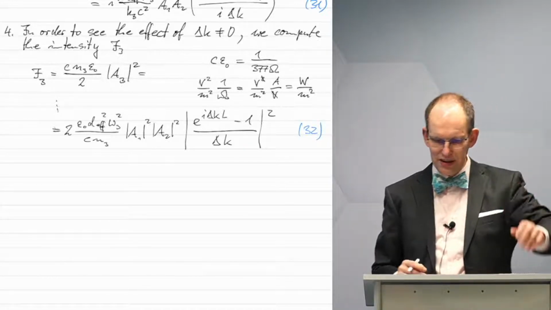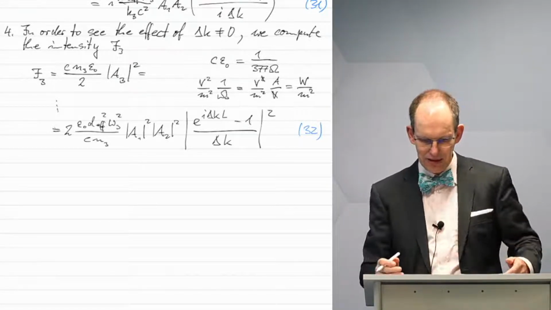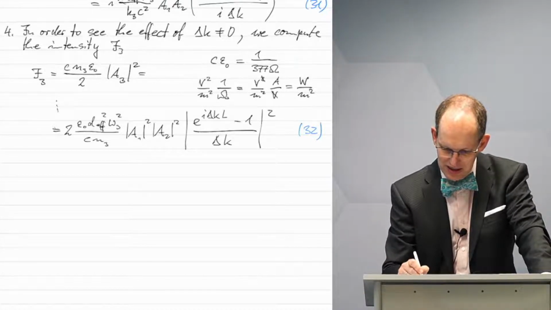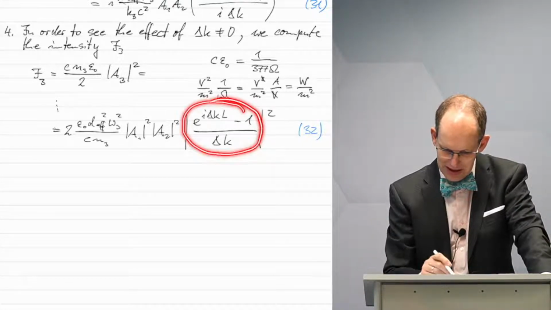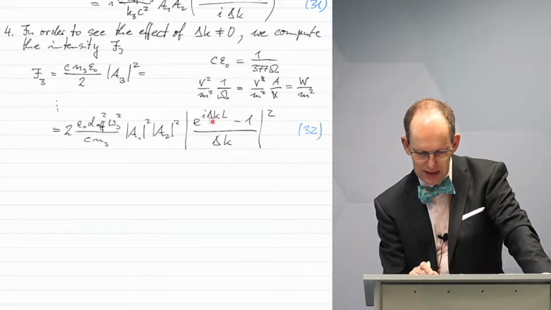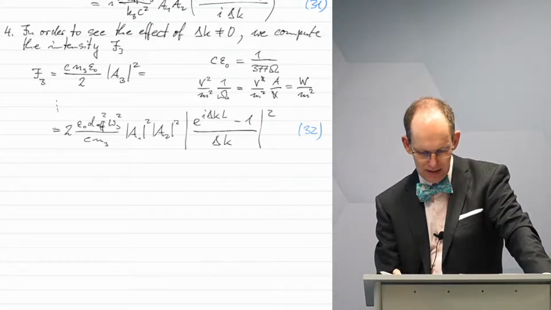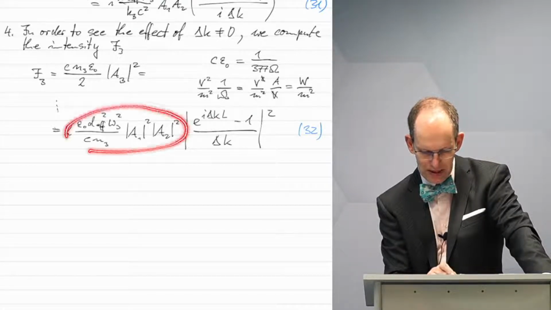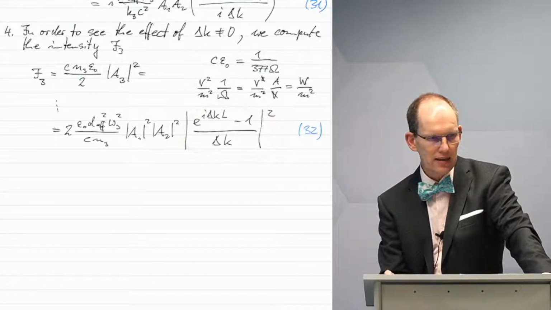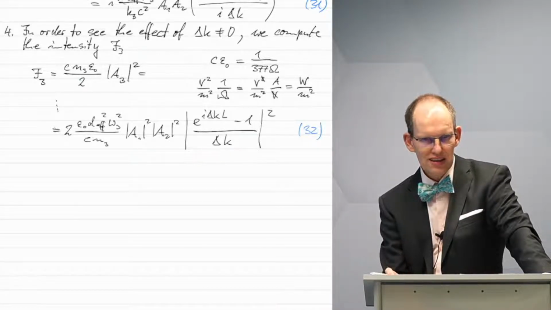I'm not sure whether you would recognize something in this expression here. The interesting stuff happens here, because this is dependent on delta k. All of that here is constant, so this is boring. We just need to look at this thing here. Does anybody see immediately what this thing is doing?